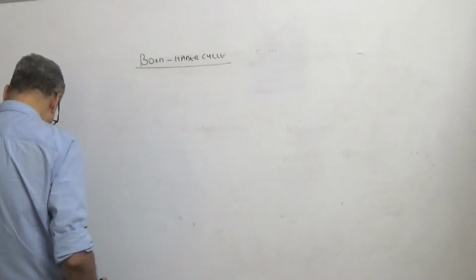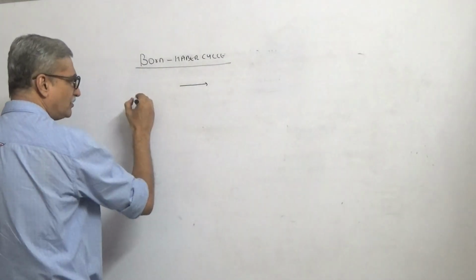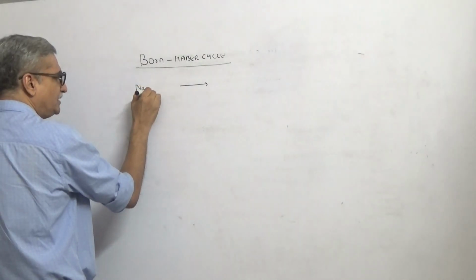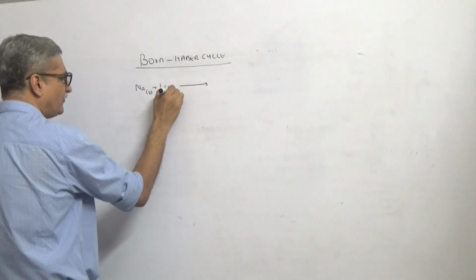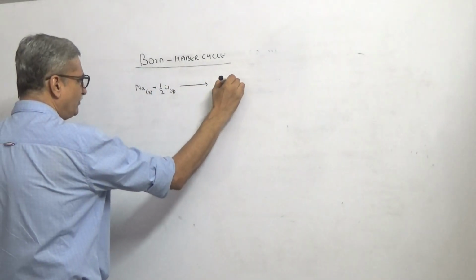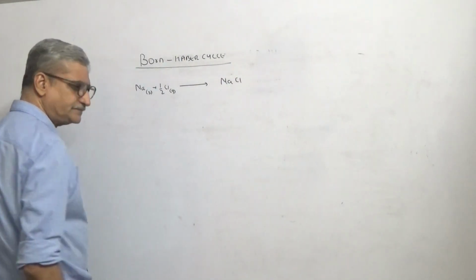Lattice energy we want to find out. Basically, what is the formation of sodium chloride? 1 mole of sodium in the solid state plus half a mole of chlorine in the gaseous state forms 1 mole of sodium chloride.